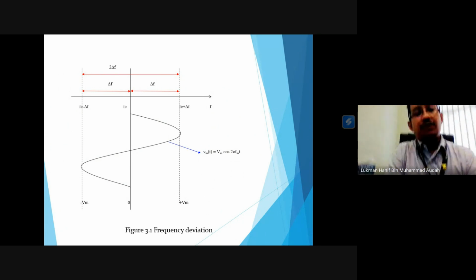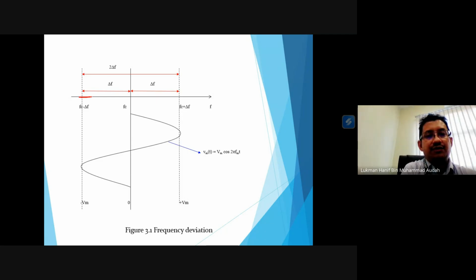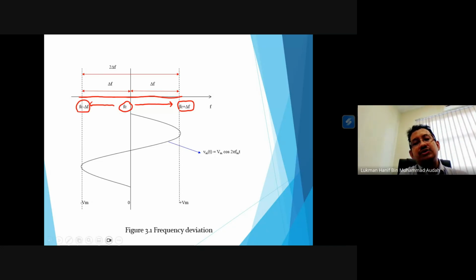The carrier is centered at FC, and it will deviate from FC to the maximum frequency FC plus delta F, and also towards the minimum frequency FC minus delta F. The carrier frequency deviation depends on the input signal.